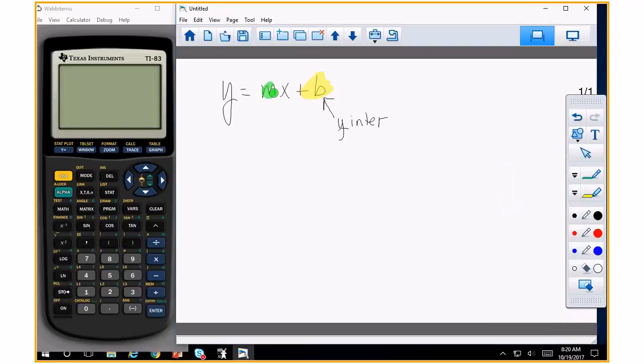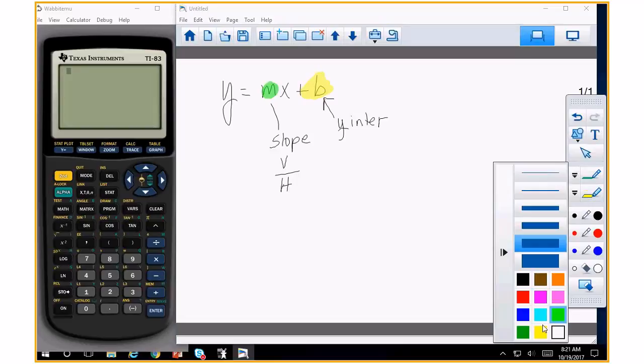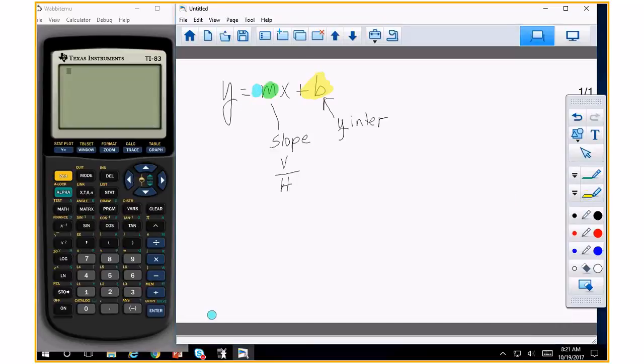M is the slope. Slope is vertical over horizontal. Let's go ahead and highlight this area right here.